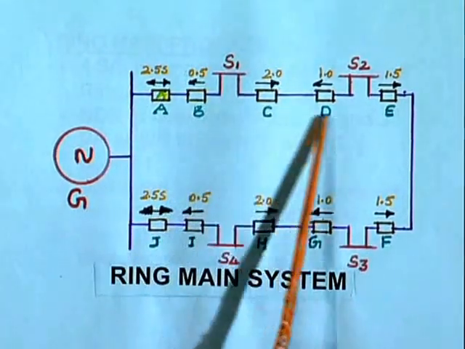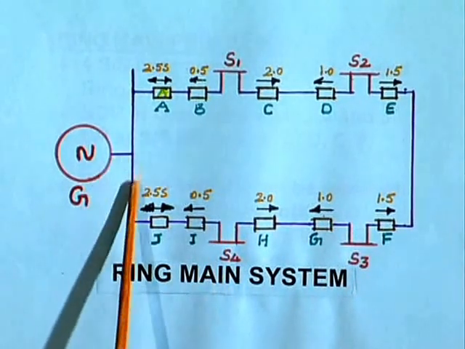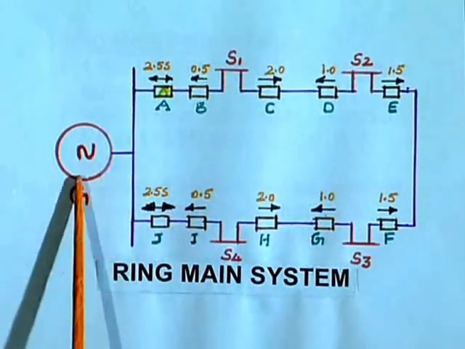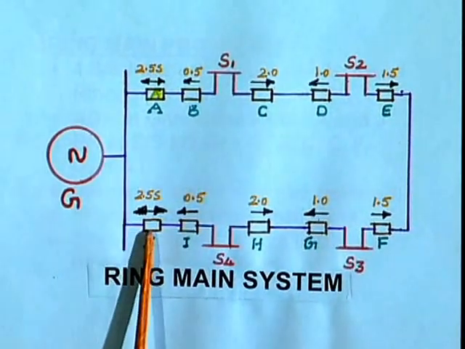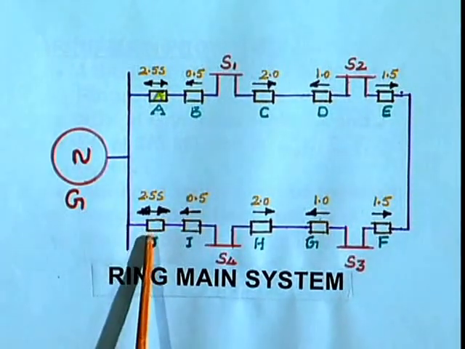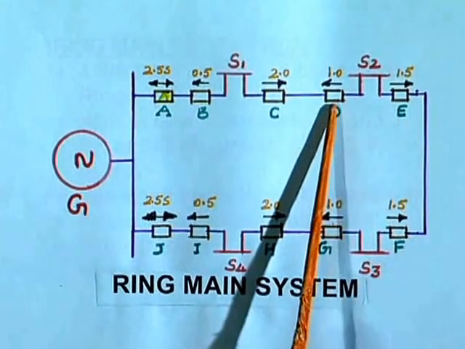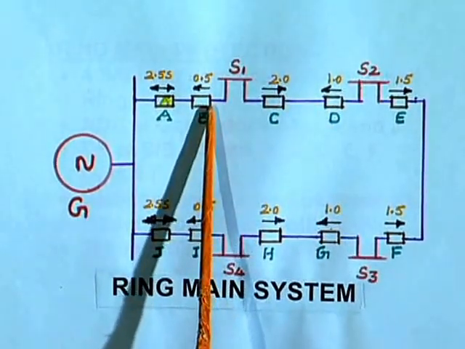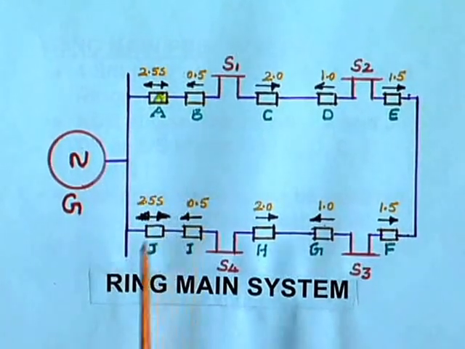So it is a decrease of 0.5 second from relay to relay. In the other direction, that is G, S4, S3, S2, S1, again you have a 2.5 second non-directional relay, then 2 seconds, then 1.5 seconds, then 1 second, then 0.5 second. So the relay time is decreased by 0.5 second each step.